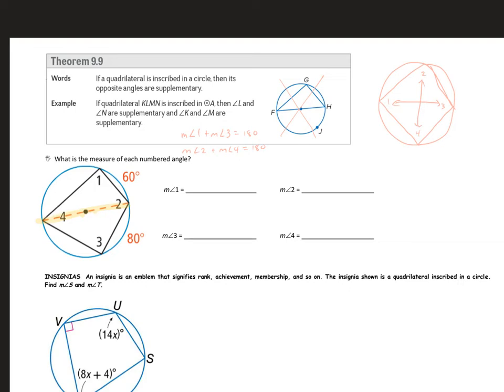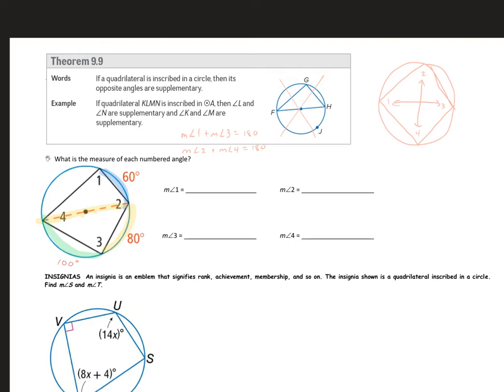So that's good to know, because that means I already have 80 degrees. So that means this arc from here to here has to be 100 degrees. So all I have to do is write in its measure, so that's 100 degrees to help me out. If I look, I have 60 degrees for this arc.